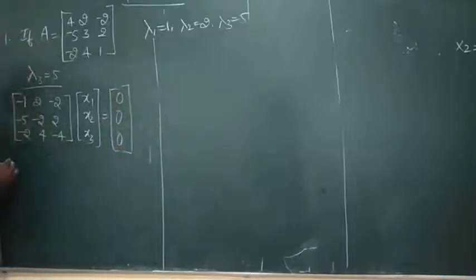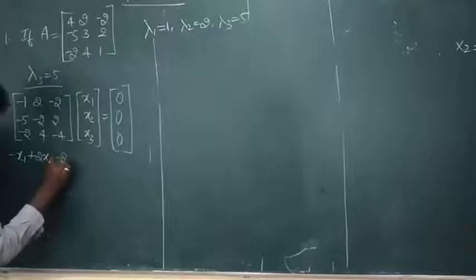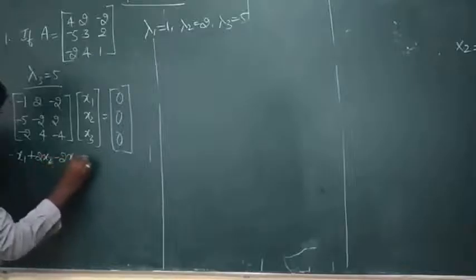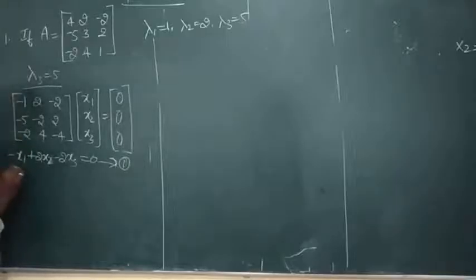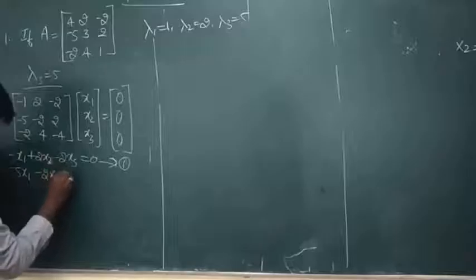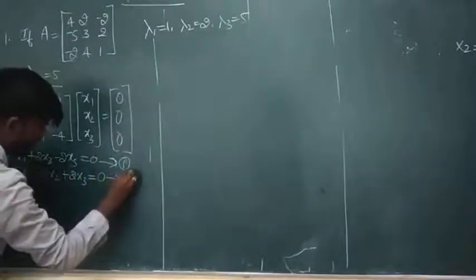Therefore, by multiplying these two matrices, we get the equations: minus x1 plus 2x2 minus 2x3, which is equal to 0, equation 1, and minus 5x1 minus 2x2 plus 2x3, which is equal to 0, equation number 2.